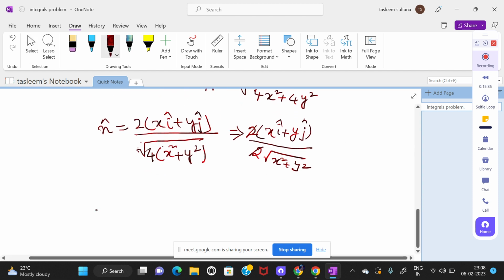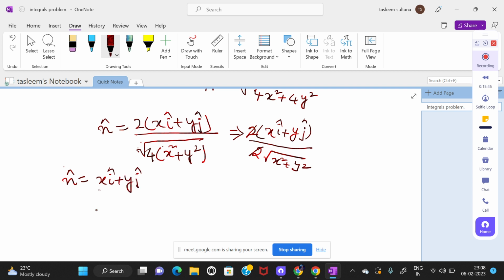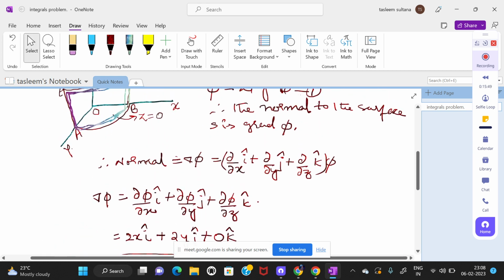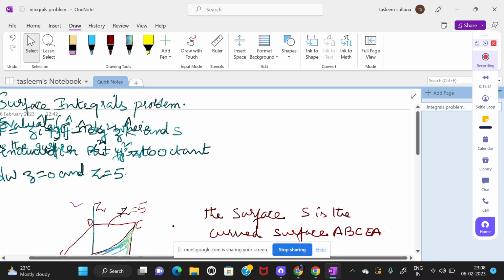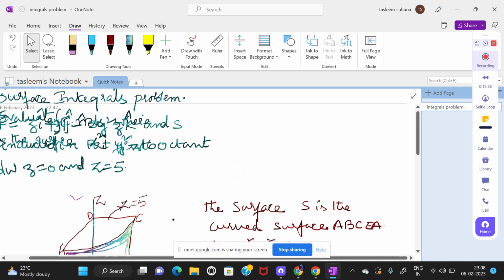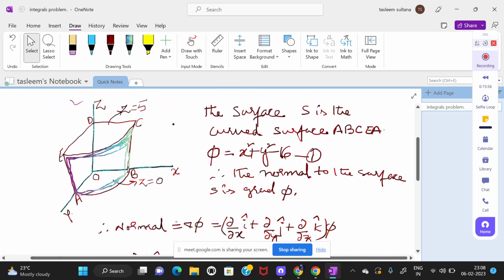What are we left with now? Your n vector is equal to x i vector plus y j vector divided by the square root of x square plus y square. That is the circle equation they have given, which is equal to 16.